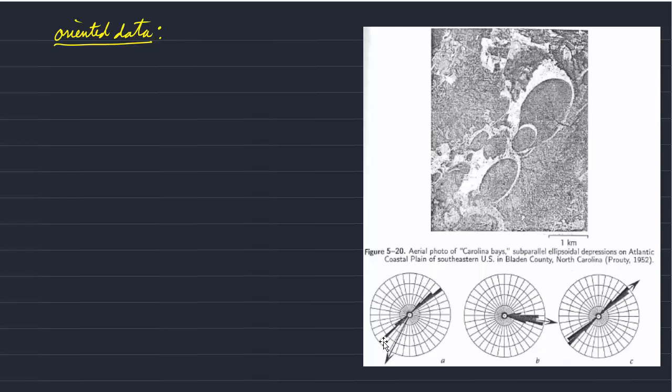So if you were to take all those measurements and sum the unit vectors associated with them, you may get a relatively small resultant vector, and in this case, the direction of the resultant is in kind of a funny direction, not necessarily representing the mean orientation of these features. So with oriented data, we have to address the 180 degree ambiguity.